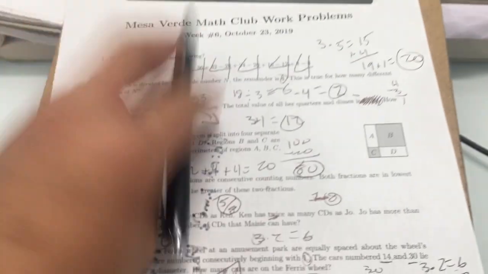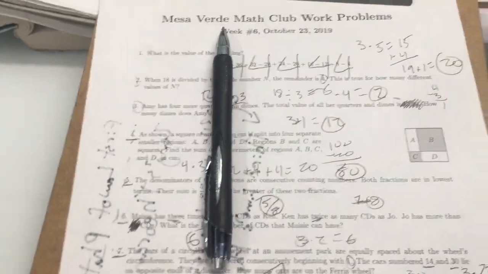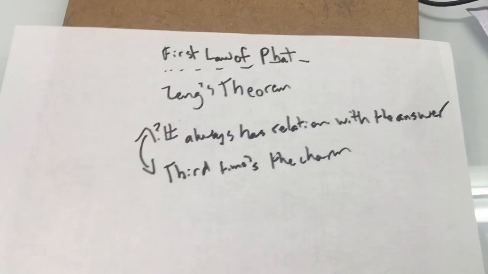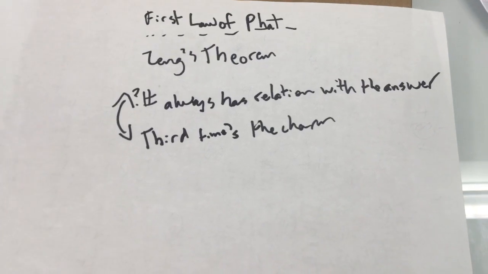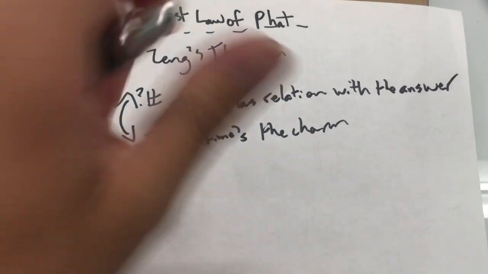Boom. 3 ways of solving that problem. And therefore, I present to you the first law of Phat, Zeng's Theorem. The question number always has relation with the answer, and third time's the charm. Peace out, y'all.